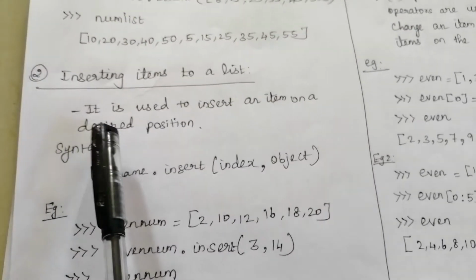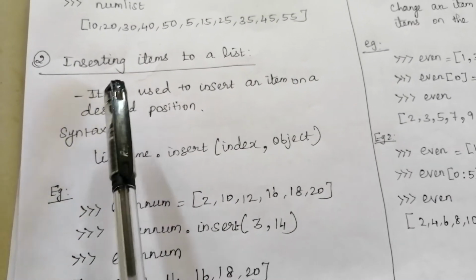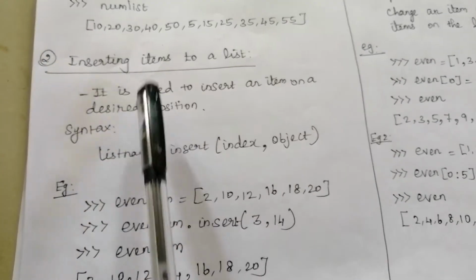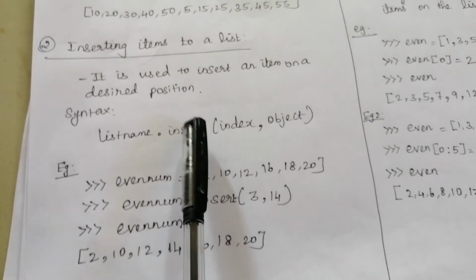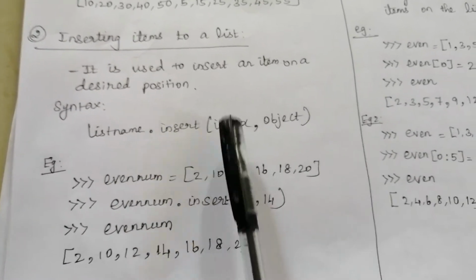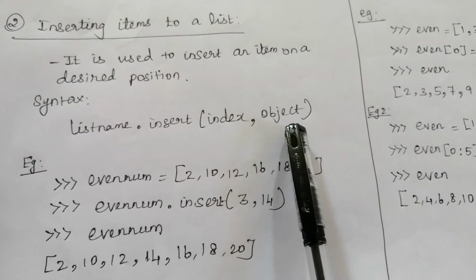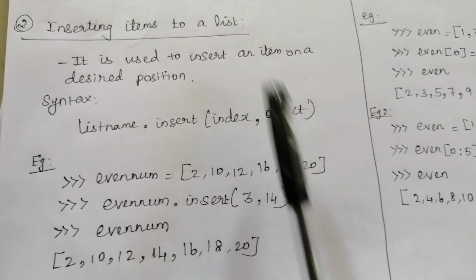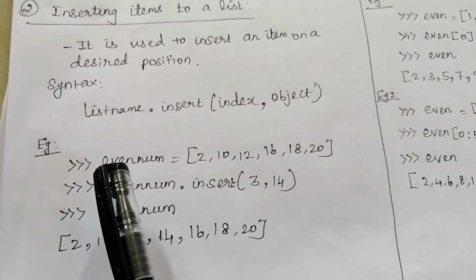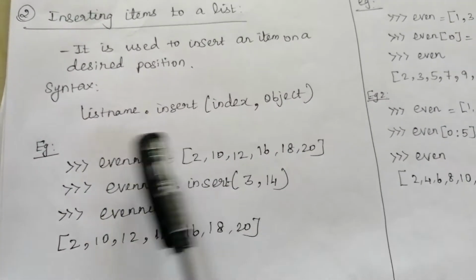Okay. Next we are going to discuss how to perform the insertion operation. With the help of the insert method, you can add elements in between the list. For that it accepts two arguments: the index position as well as the object, that is, the value to be inserted at the index position. See this example, I have created evenNum, this is the list name.